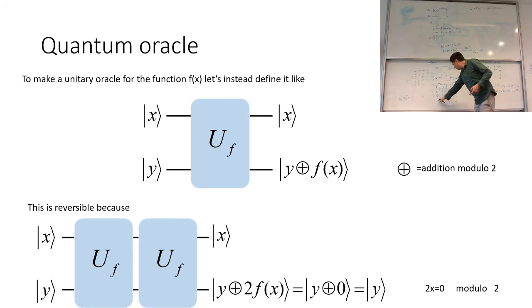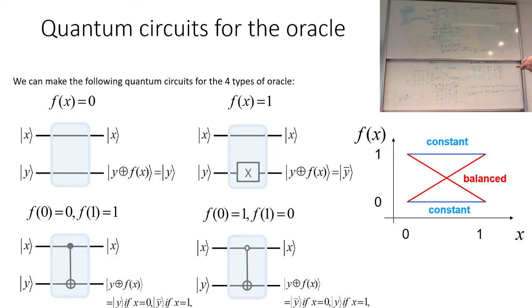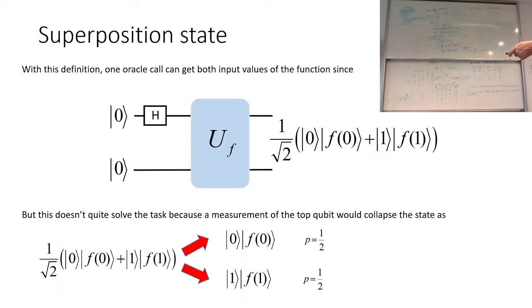And 1, 0 becomes 1, 1. So for this particular example, the new state after the oracle would be equal to that.